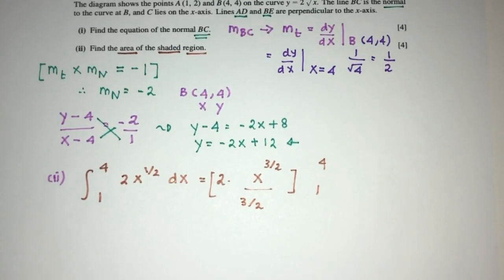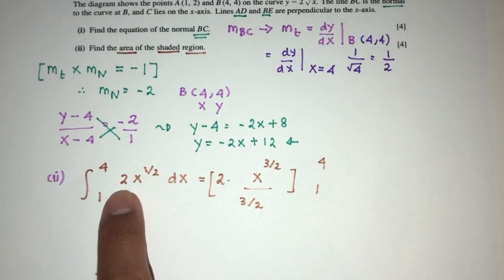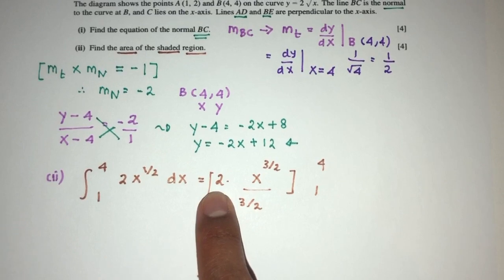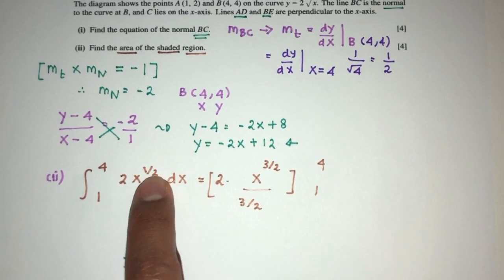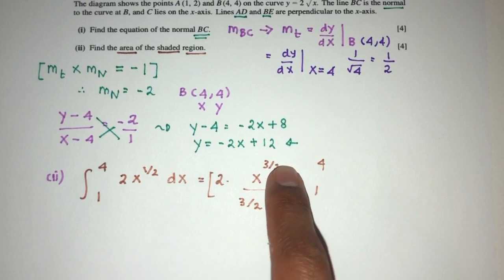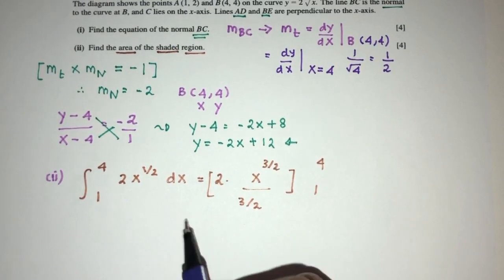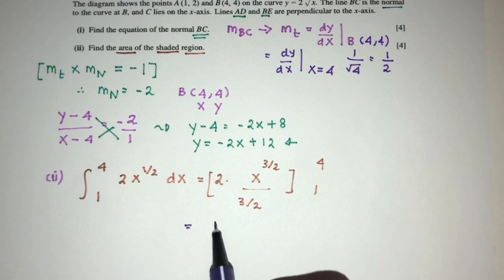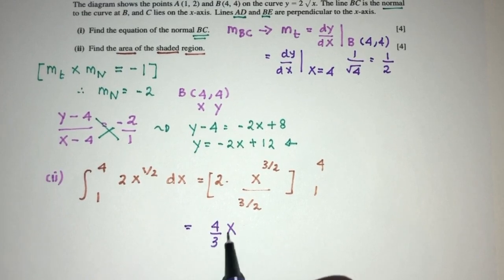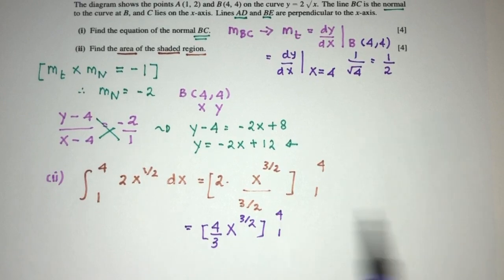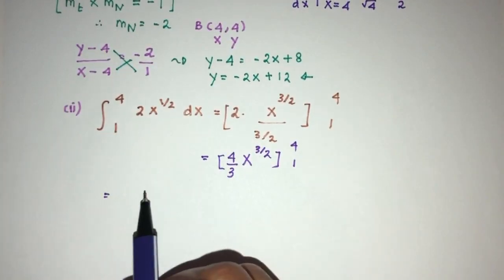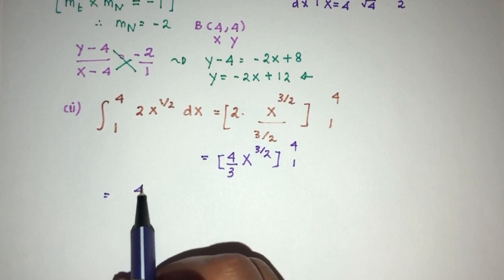So again, step by step, 2 is only a multiple, so we just take this outside. Then we have to add 1 to the power. So x to the power half, for half add 1 will be 3 over 2. Then we have to divide by the same power, which is 3 over 2. Now simplify, that will become 4 over 3, x to the power 3 over 2 between 4, 1. Now simplify. We can take out the value of 4 over 3 as well.